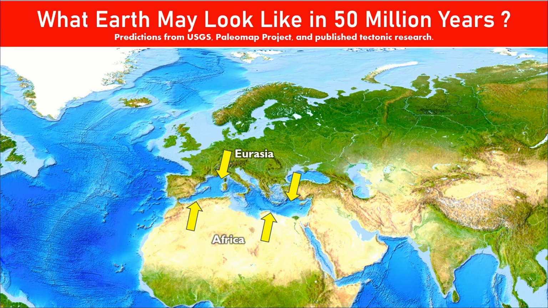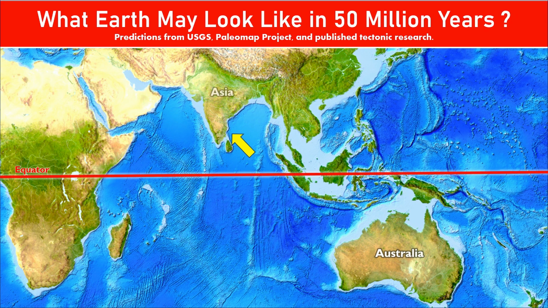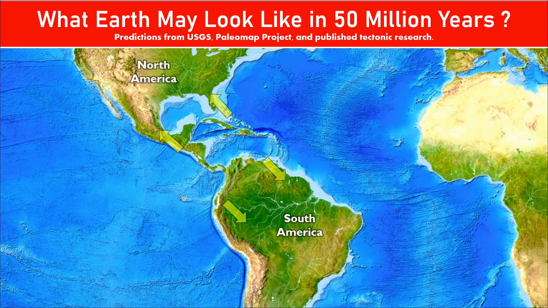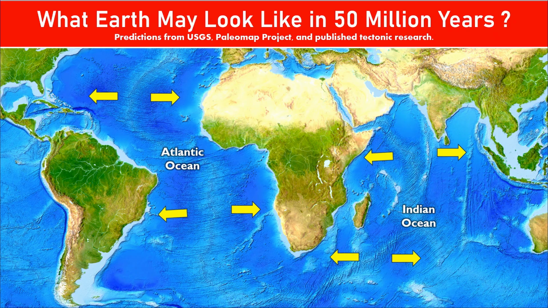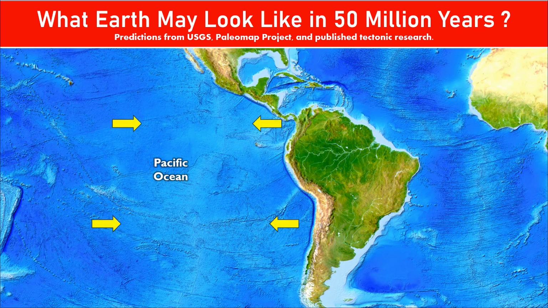Africa will probably collide with Eurasia, which may close the Mediterranean Sea and form new mountain ranges. Australia will drift north, cross the equator, and eventually collide with Asia. North and South America may separate, while the Atlantic and Indian Oceans expand as the Pacific gradually shrinks.